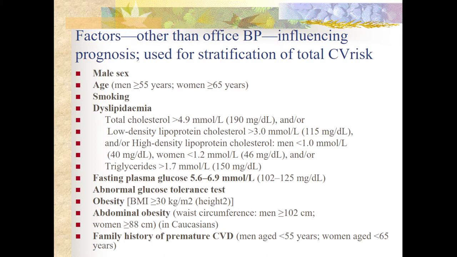Dyslipidemia: total cholesterol more than 4.9 millimole per liter, and or low density lipoprotein cholesterol more than 3 millimole per liter, and or high density lipoprotein cholesterol in men less than 1 millimole per liter, women less than 1.2 millimole per liter, and or triglycerides more than 1.7 millimole per liter.